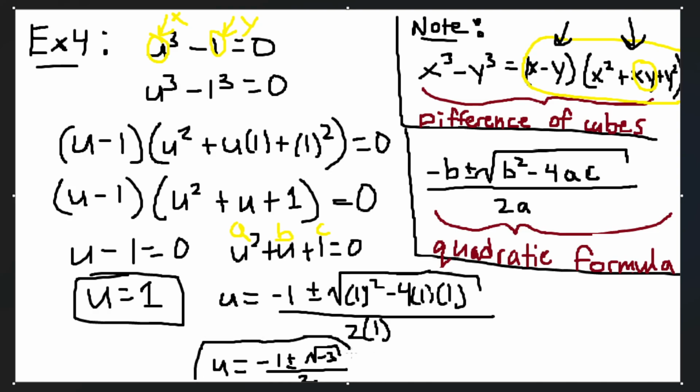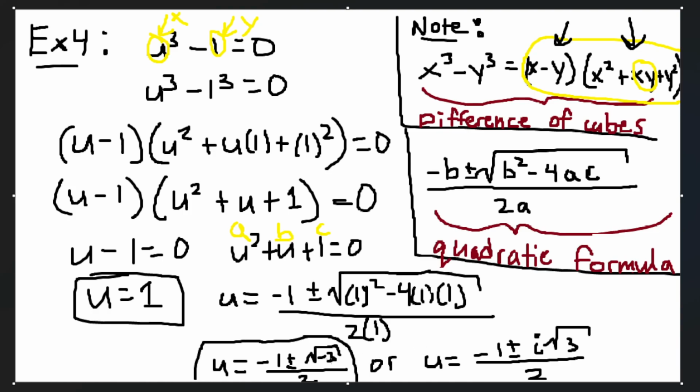So that would be an answer. If you're asked to simplify further with an imaginary number, we could also write this as u equal to negative 1 plus or minus i times the square root of 3, all over 2.